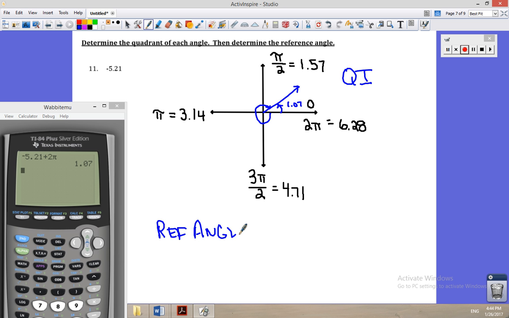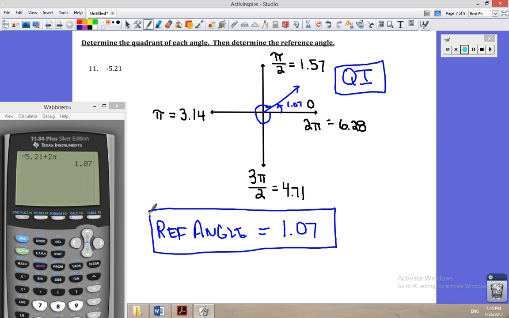So my reference angle, rounded to the nearest hundredth, is 1.07 radians. They wanted the quadrant that negative 5.21 radians lies in, and the reference angle for negative 5.21. We found both of them.